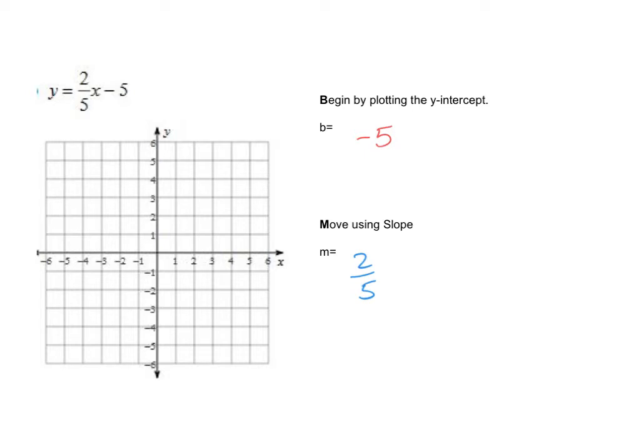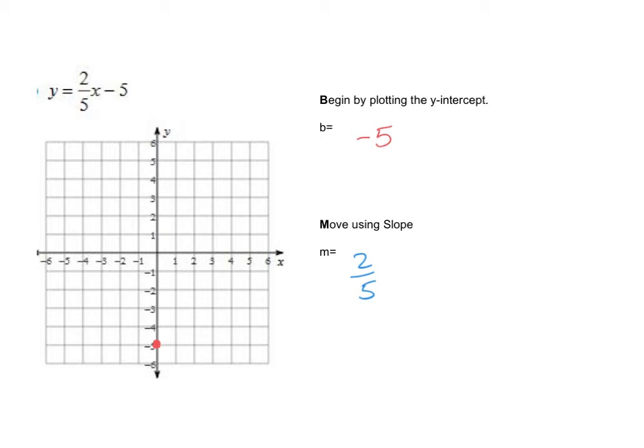And then I'm going to begin by plotting the y-intercept. So I'm going to go to my y-axis, and I am going to plot a point at -5 because that's my y-intercept. And now that I have my slope, I am going to count my slope.